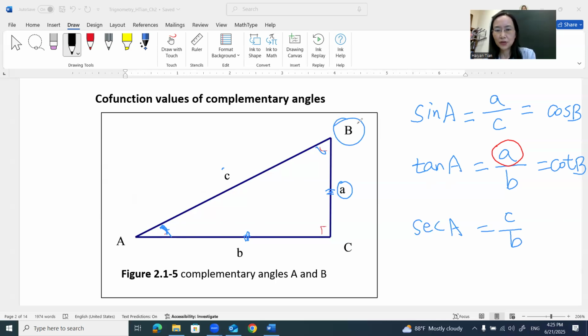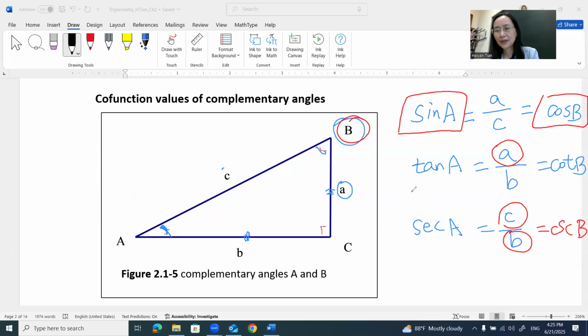So for angle B it will be hypotenuse over opposite side, which is cosecant B. Right, so you see for these two acute angles, sine of A is the cofunction at B. Tangent of A is the cofunction at B. Secant of A is the corresponding cofunction at B.